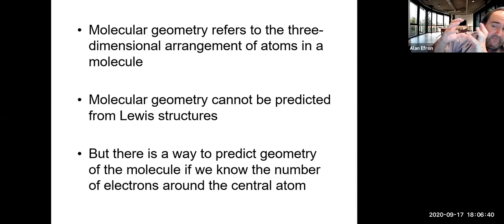And as they move away from each other, as far as they can manage in their particular arrangement, they will lock into a certain three-dimensional geometry that is what we're trying to talk about here and give a name. So we can predict it from the Lewis structure that we draw by looking at the central atom. Whenever we do geometry, it is really the central atom that is the important part to look at when you're applying geometry to a molecule.